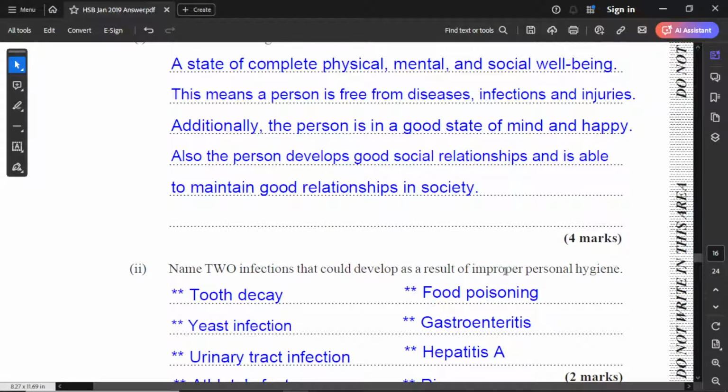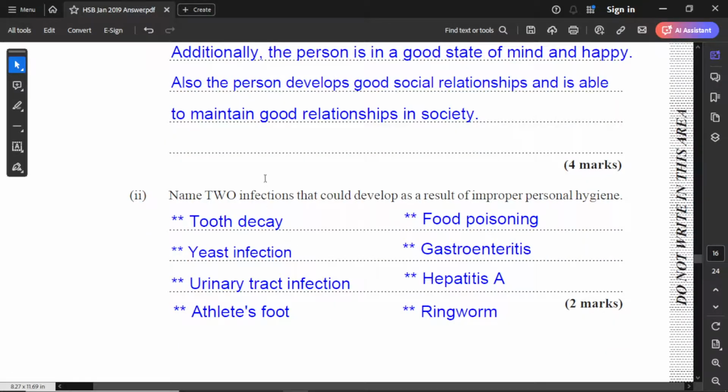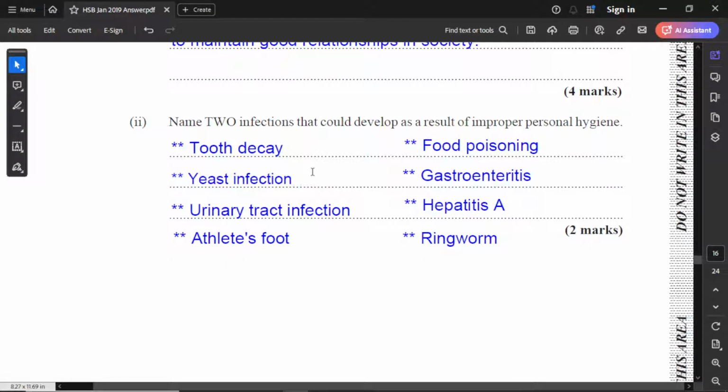That means you're not totally healthy. You may be healthy biologically or physically, but mentally you are sick. All right, anyhow, be of good health. Part 2 is to name infections that could develop as a result of improper personal hygiene, and there are many, even more than what I list here.